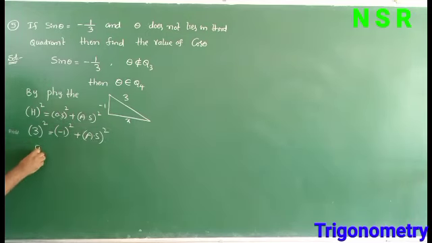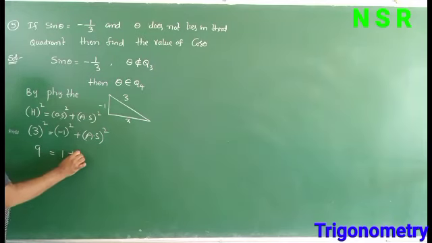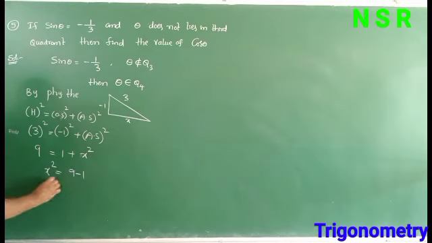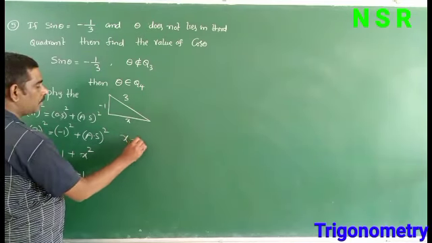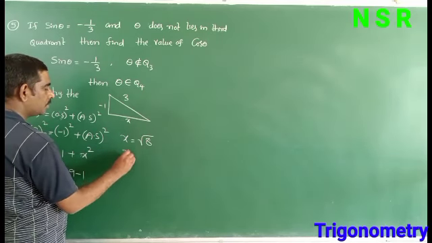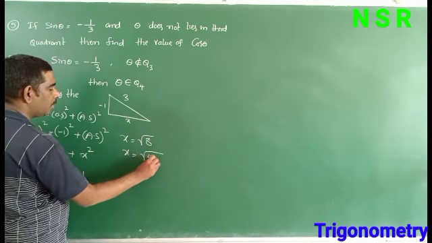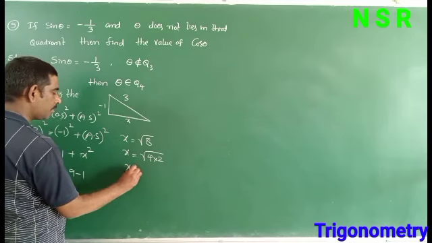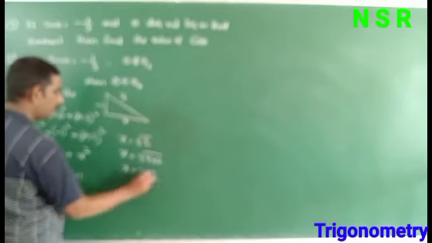So 3 square 9, minus 1 square 1, plus adjacent square is x, right here x square. So 1 move this side, x square is equal to 9 minus 1, so x square is equal to 8. So x is equal to root 8. So root 8 we can write as 4 into 2. So square root of 4 is 2. So we get x value 2 root 2. So this is adjacent side.